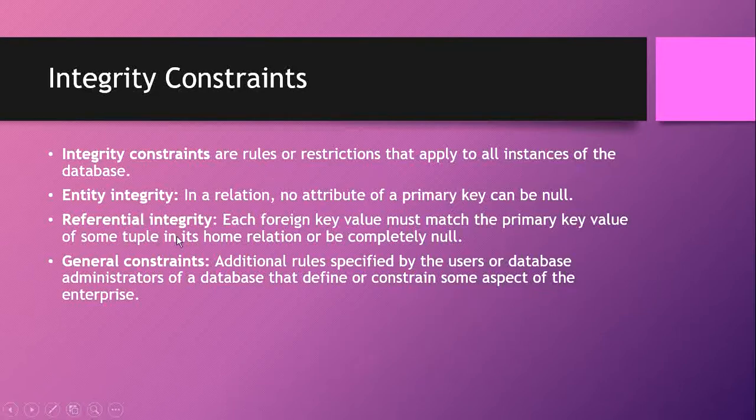Then we have referential integrity. Each foreign key value must match the primary key value of some tuple in its home relation or be completely null. So referential integrity can also be called the foreign key constraint. It means that all the values in a foreign key must match the values in the primary key in its home relation.